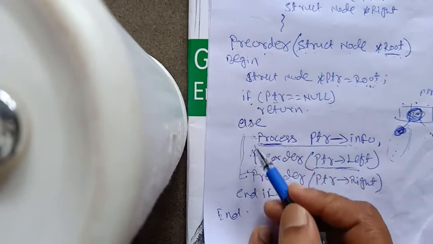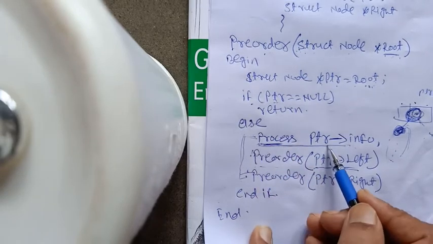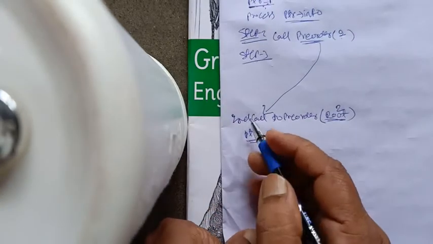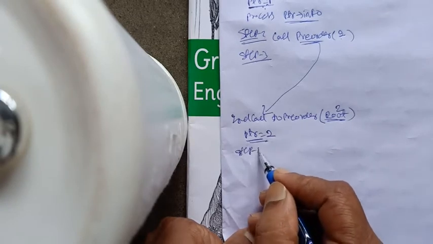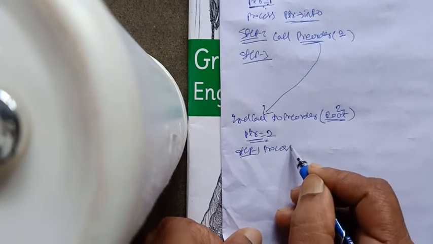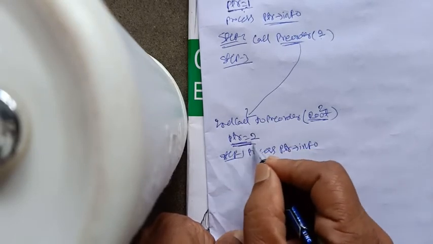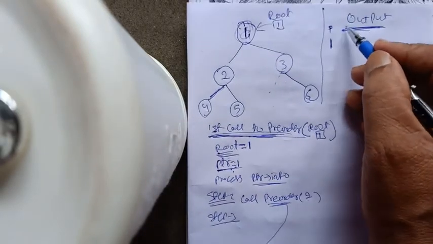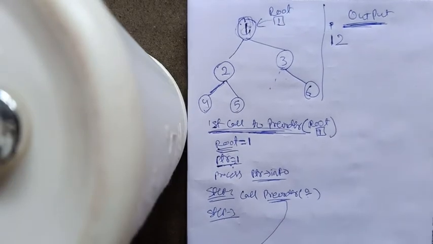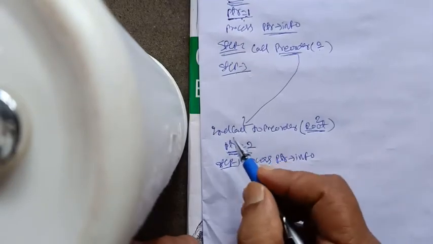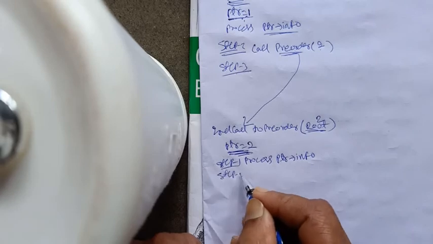So in the else part, the first step is process. So during the second call, step 1 will be conducted. Step 1 means process ptr info. So what is ptr info? Ptr means 2, so node 2 will be processed, so our output will be 2. Okay, then for the second call, step 2 will be conducted.